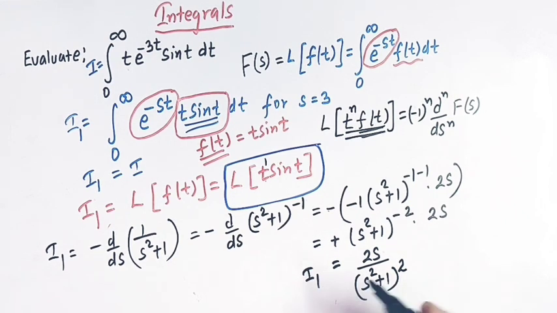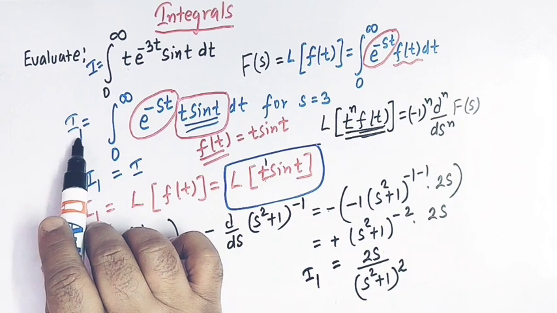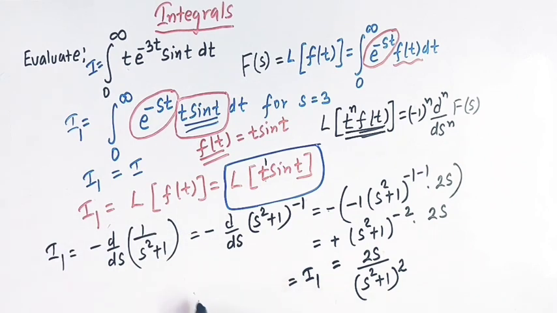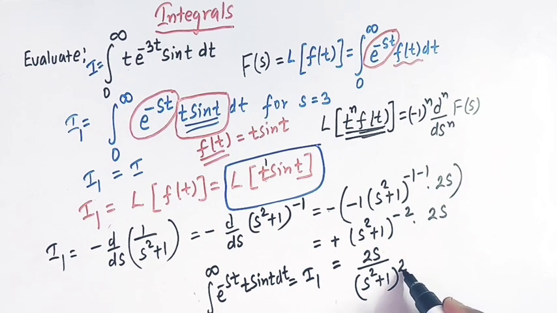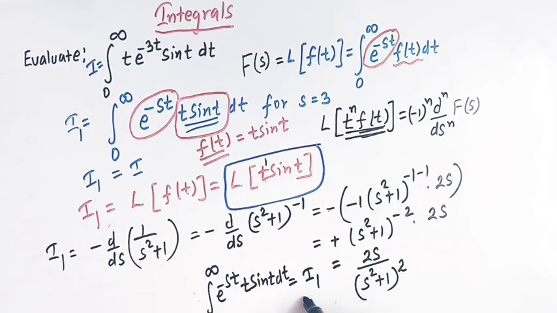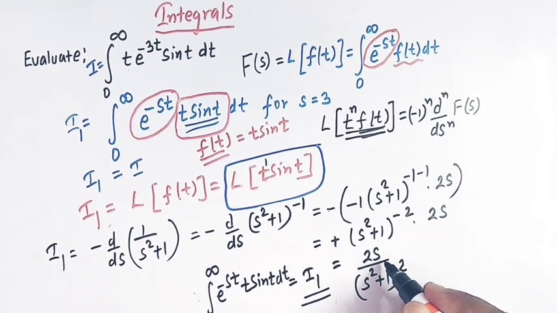So the value of this integral I1, which is equal to the integral from 0 to infinity of e raised to minus st times t sine t dt, is equal to 2s over s square plus 1 raised to power 2, and we can see that I1 is a function of s, right?